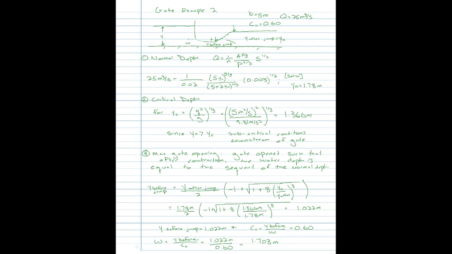The depth behind the gate. And so this is a gate problem. This is the gate part of this example. And so, depth behind gate: the flow rate is Cd times b times the gate opening height w, times the square root of 2g y1, and we know that the coefficient of contraction is 0.60.